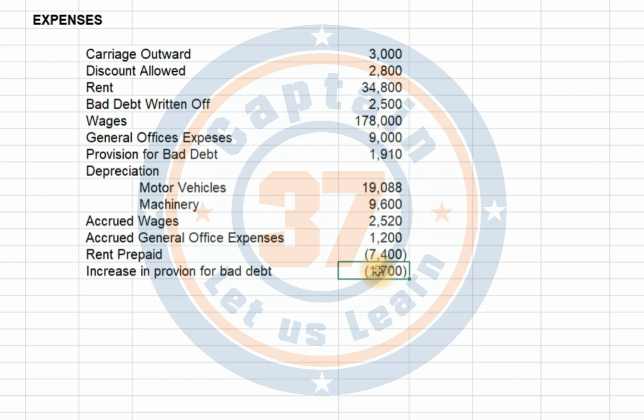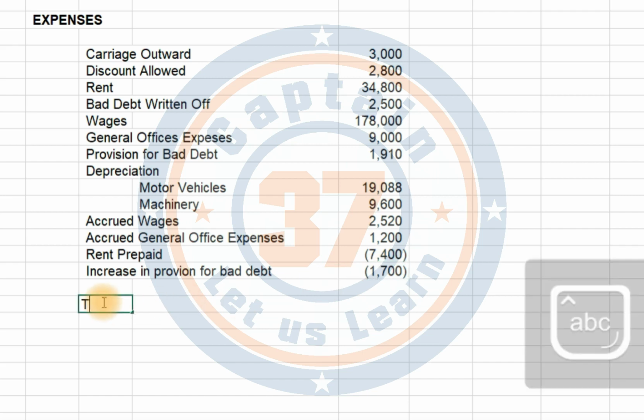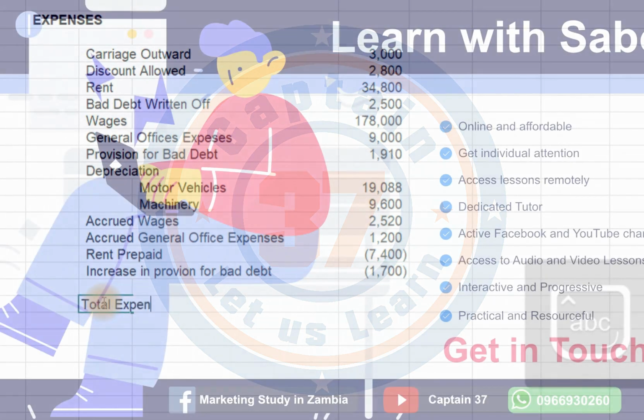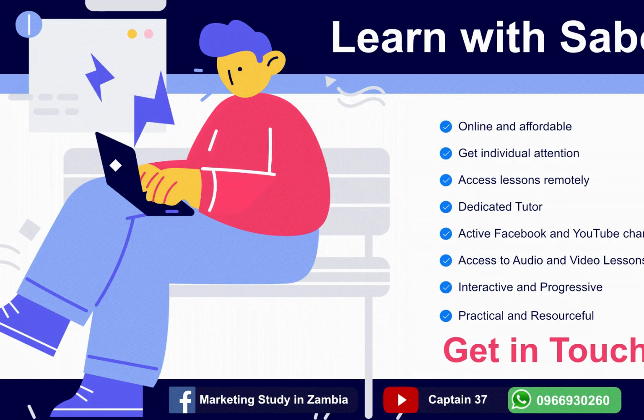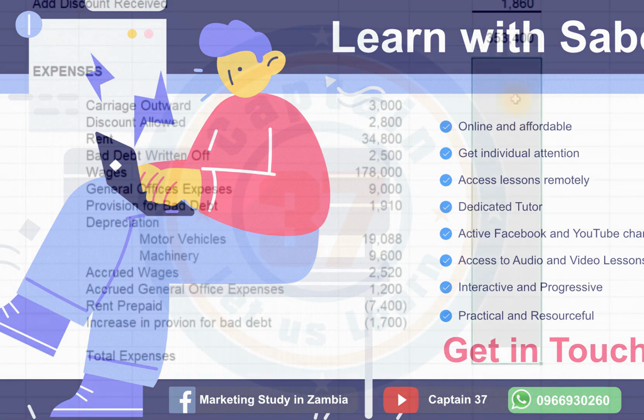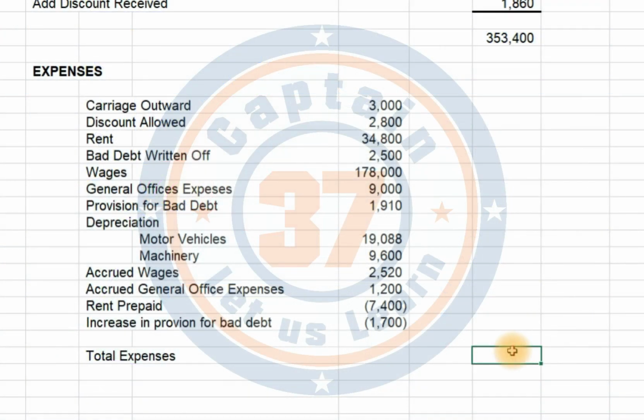Now we are going to calculate our total expenses, which is really a sum of all these. We are going to write it here in the same column as the gross profit so that we can calculate the net profit. When you put all these together, it gives me 255,318.